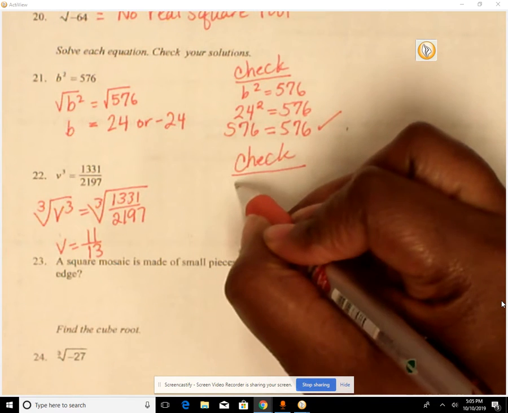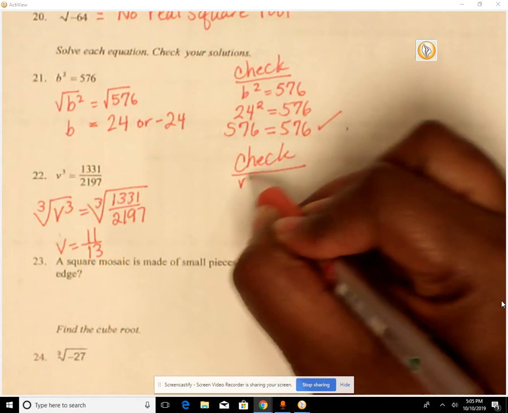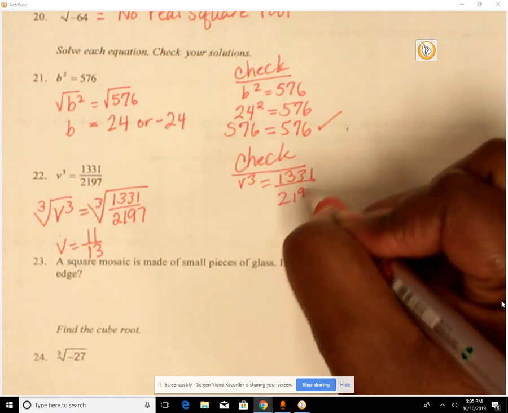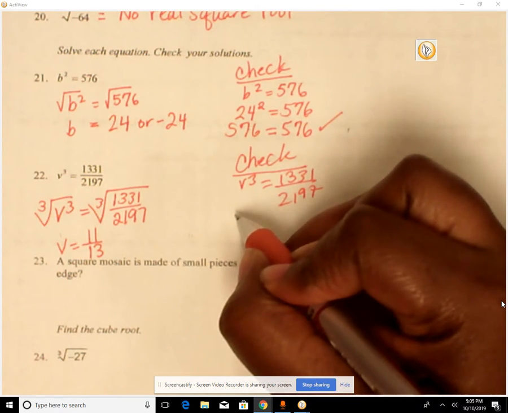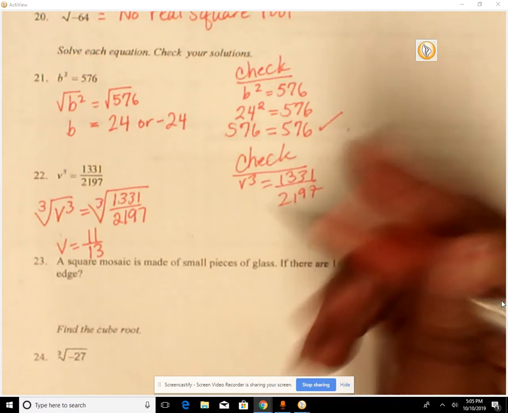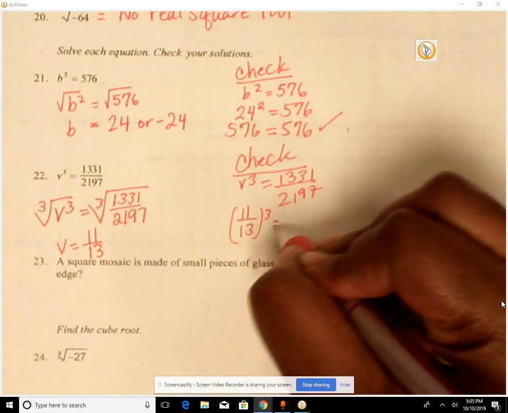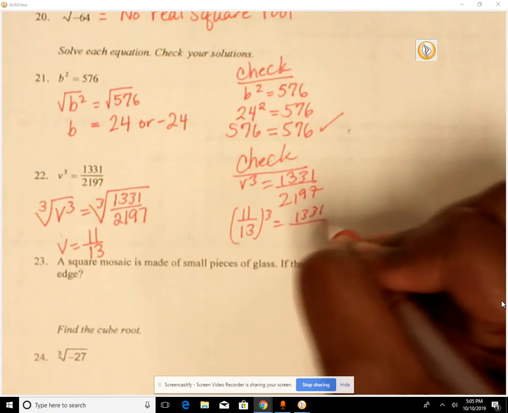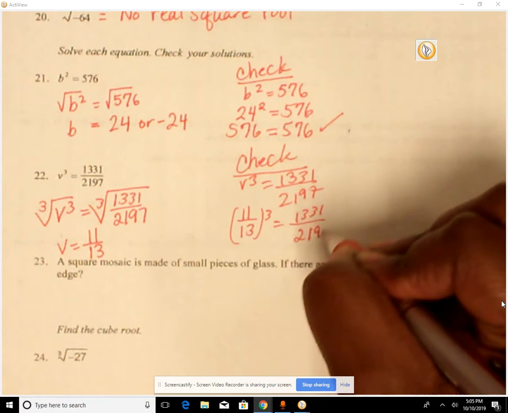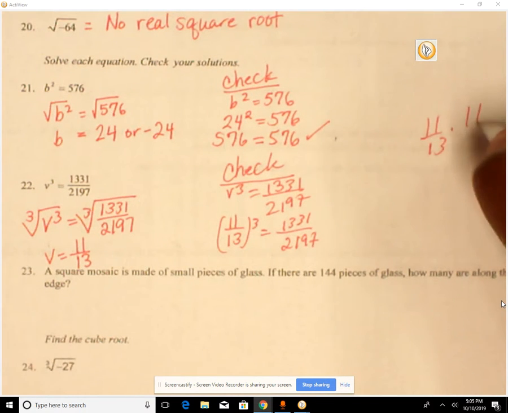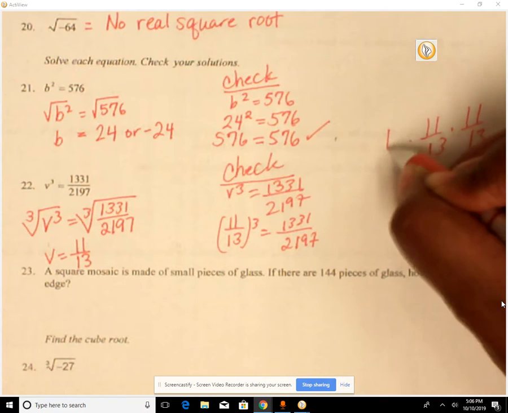So let's check that. V equals, we're writing our problem down. So we're going to put 11, and that's going to be to the third power. So that means 11 over 13. It's going to be written out just like this.